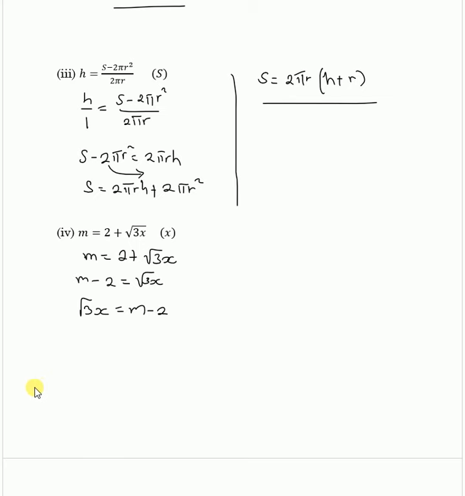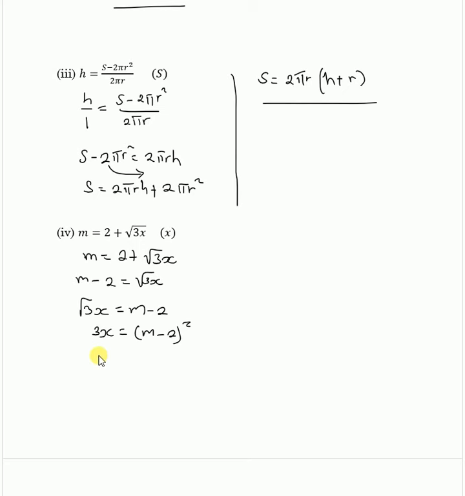Now I get the root, I square both sides. When I get the root of 3x and I square it, what I get is 3x. So basically this one is 3x equal to m minus 2 squared.